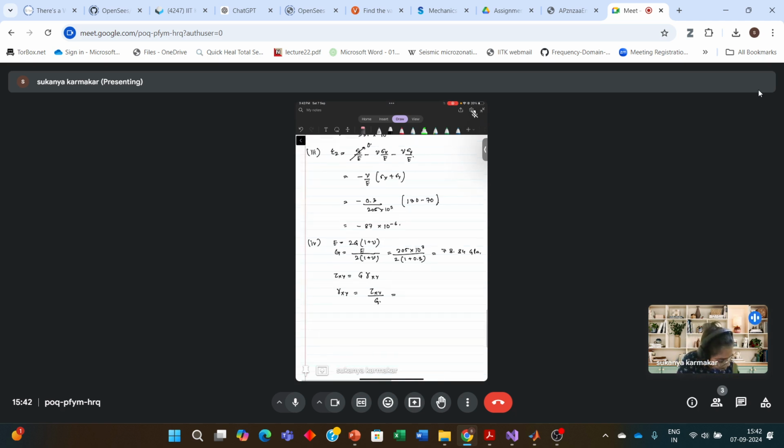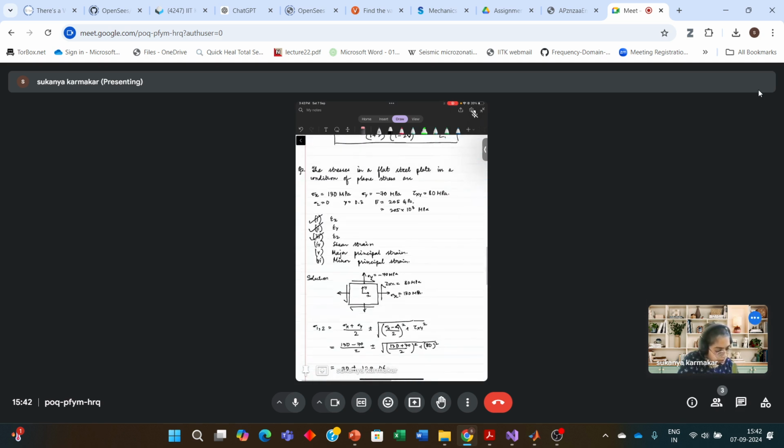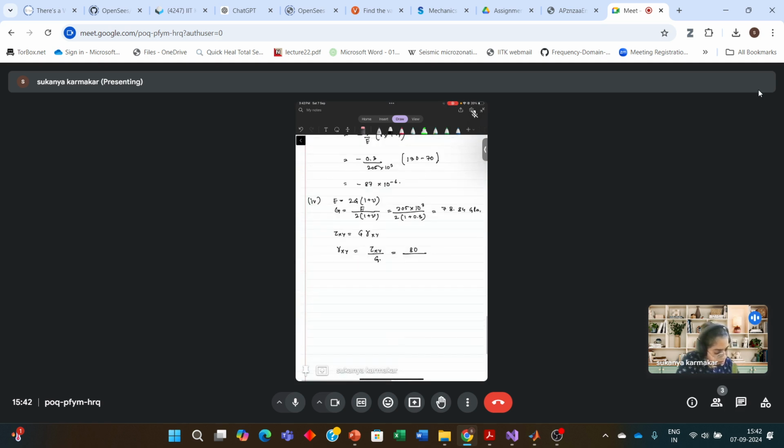Now, what is shear stress? It's given in the question that shear stress is 80. 80 divided by G, which is 78.84.